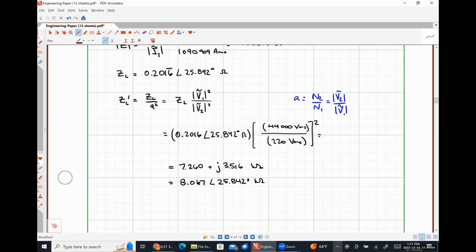All right, so on Tuesday, we will introduce the practical transformer model. So effectively talk about what happens when we have all the various loss mechanisms like copper losses due to our windings, core losses, all of that kind of good stuff. Talk about the equivalent circuits, which is just a way for us to simplify our equivalent circuit to be less annoying to use.